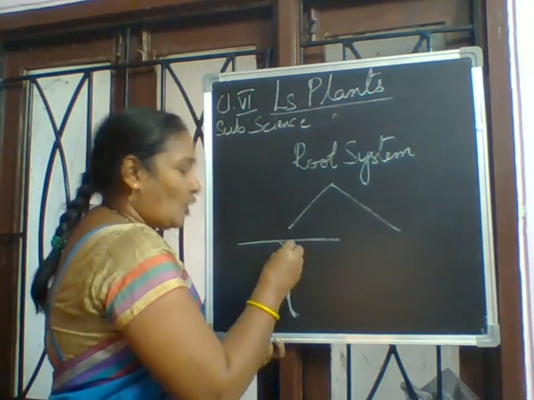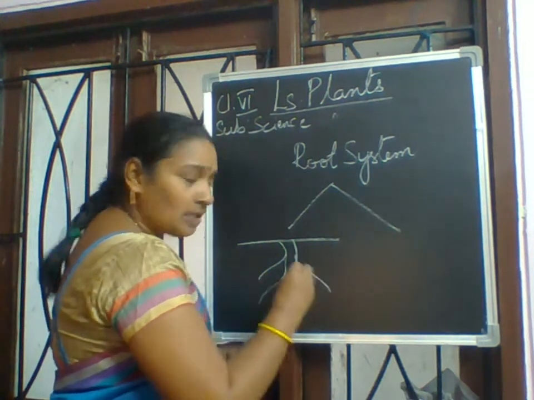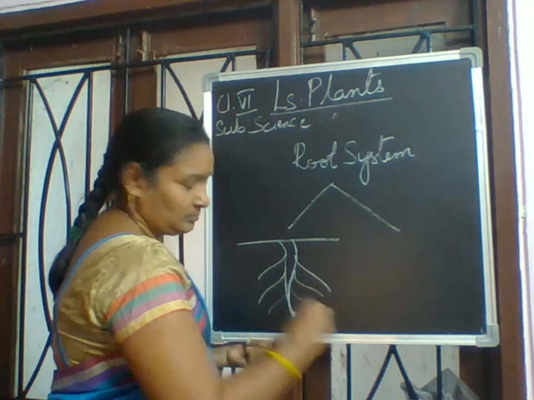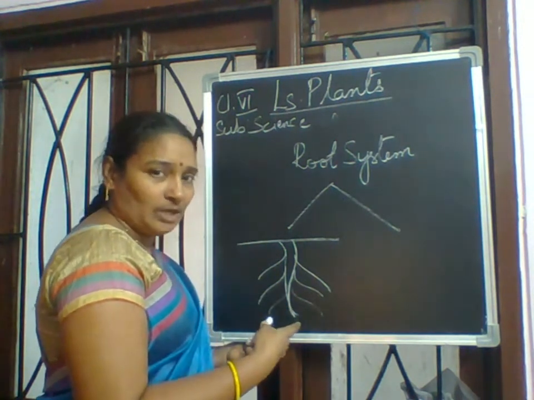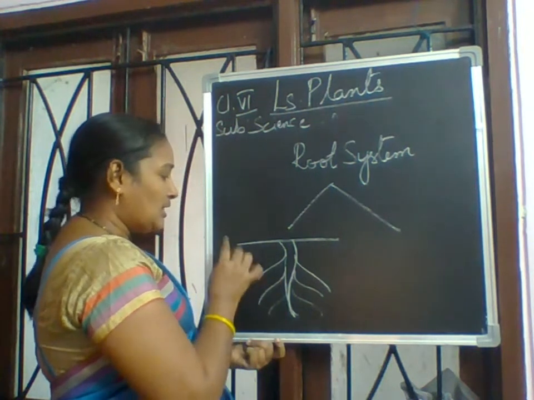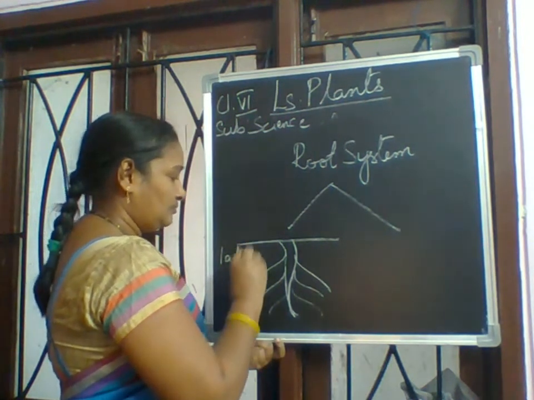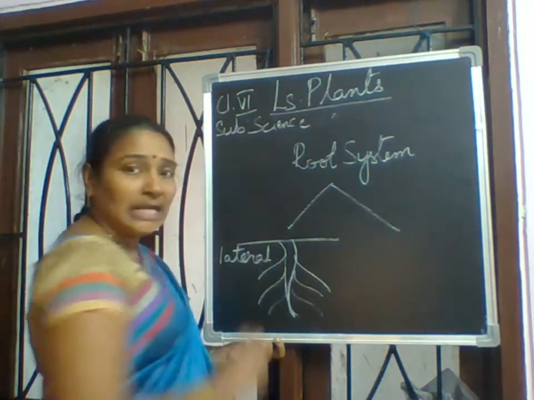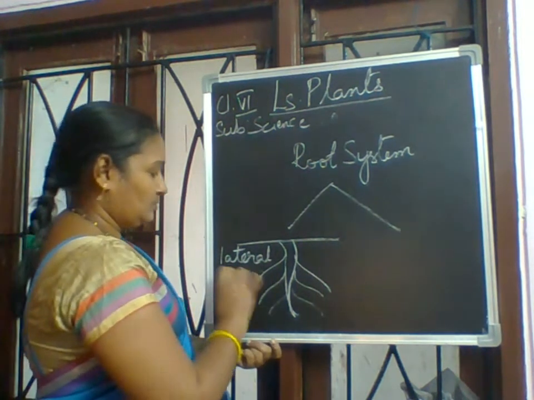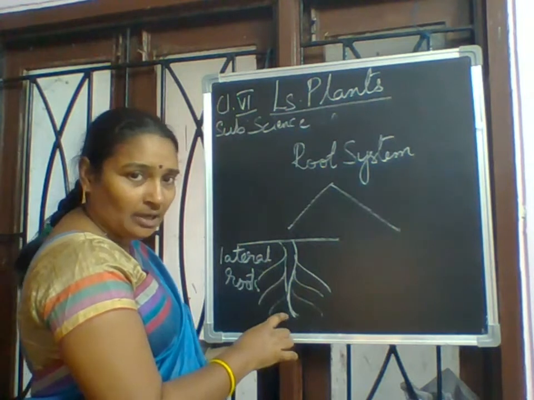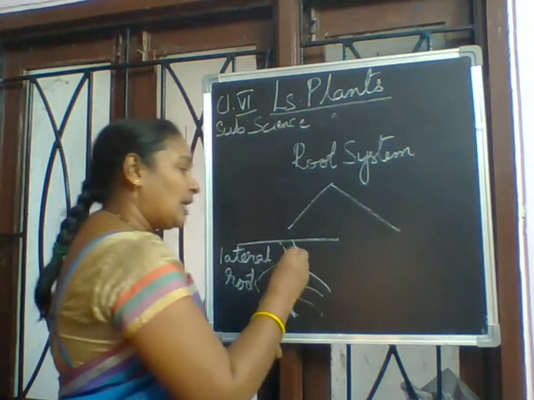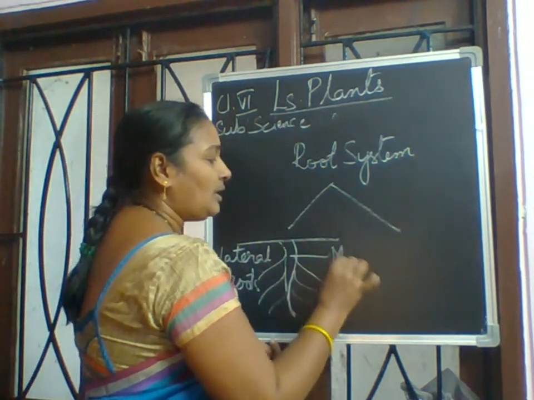On that main root, other roots grow. The roots growing on the main root are called lateral roots. And the root present in the middle, which is very thick, is called the main root.